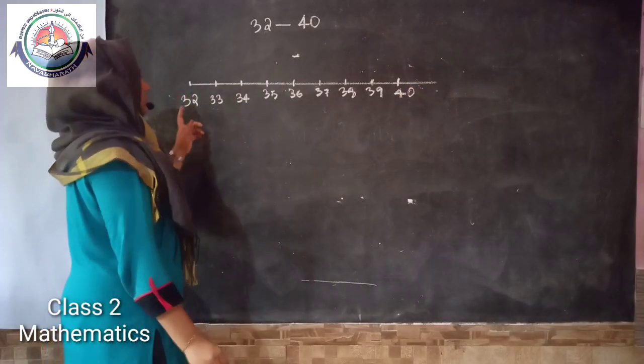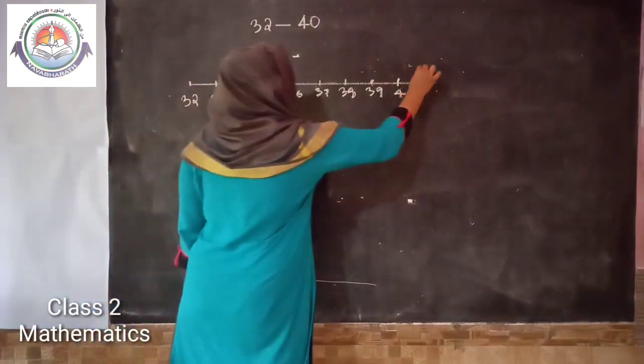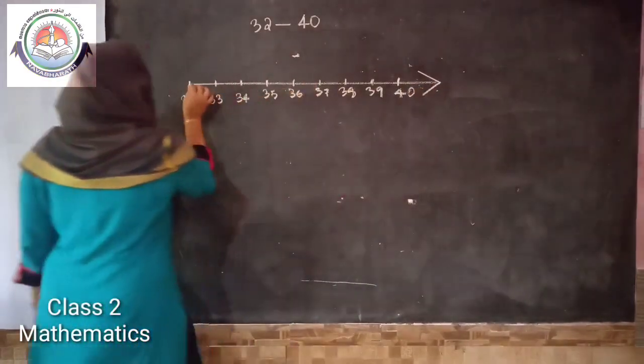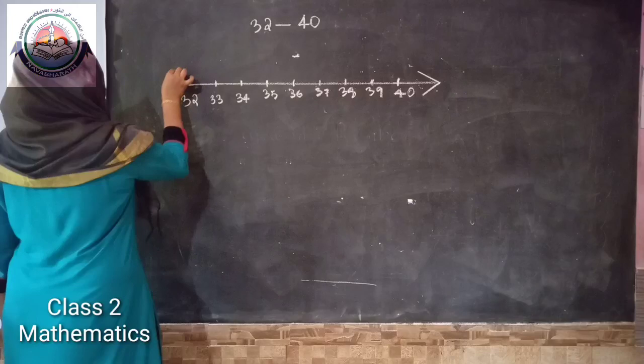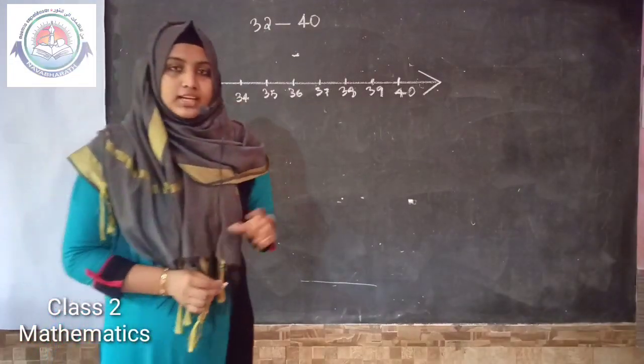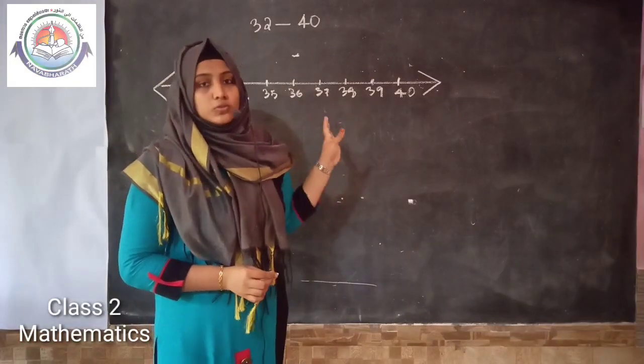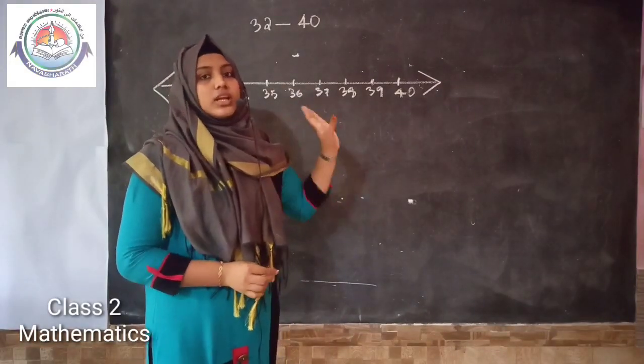So the numbers are ending with 40. Now here we want to draw 2 arrow marks. So, in previous class, we studied how to draw a number line and how to mark the numbers on a number line.